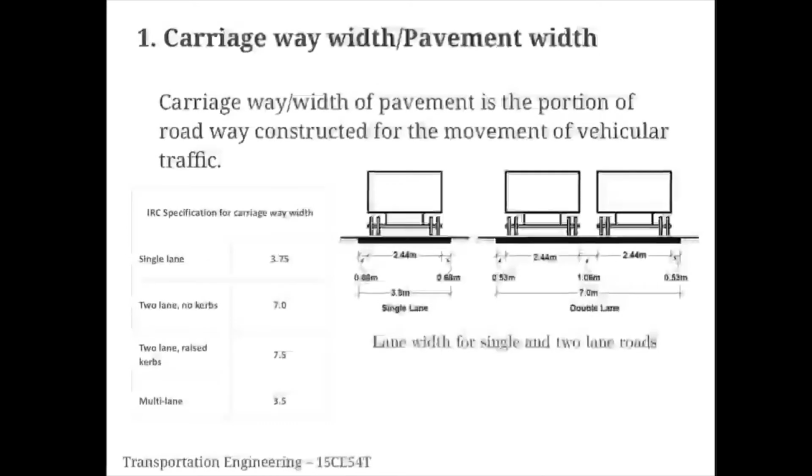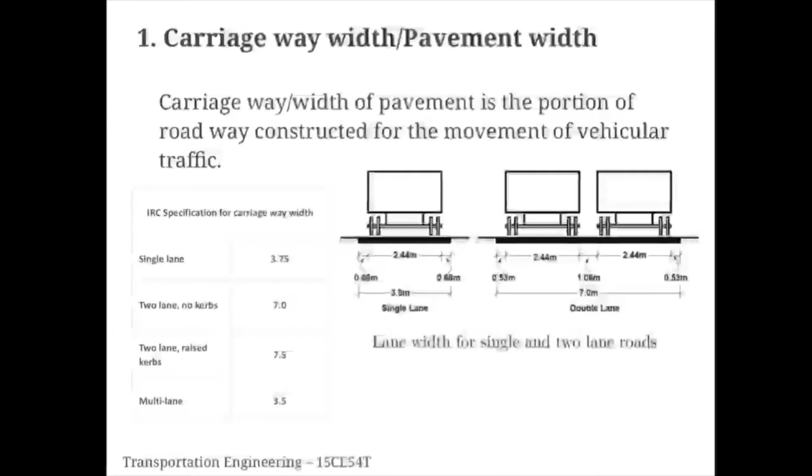So carriageway width as standard is 3.75 meter for single lane, 7 meter for 2 lane with no curbs, 7.5 meter for 2 lane with raised curbs, and for multi lane, per lane width is 3.5 meter.